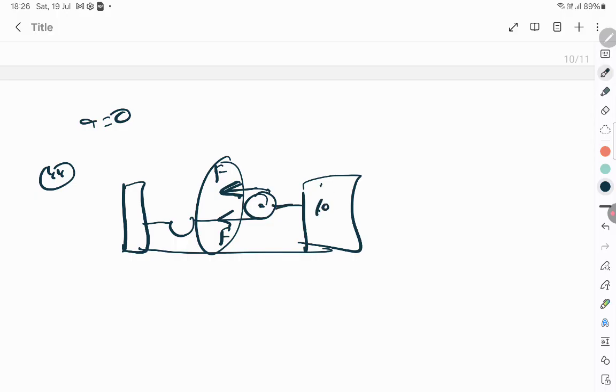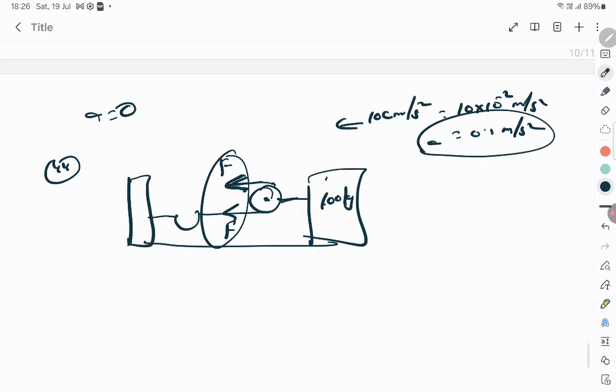The block of mass 100 kg is set in motion by this setup, and the acceleration of the block is given to be 10 centimeter per second square. They've already given the acceleration as 10 centimeter per second square, which is nothing but 10 into 10 to the power minus 2 meter per second square, which is 0.1 meter per second square. That's the acceleration with which the block is going to move towards the left.